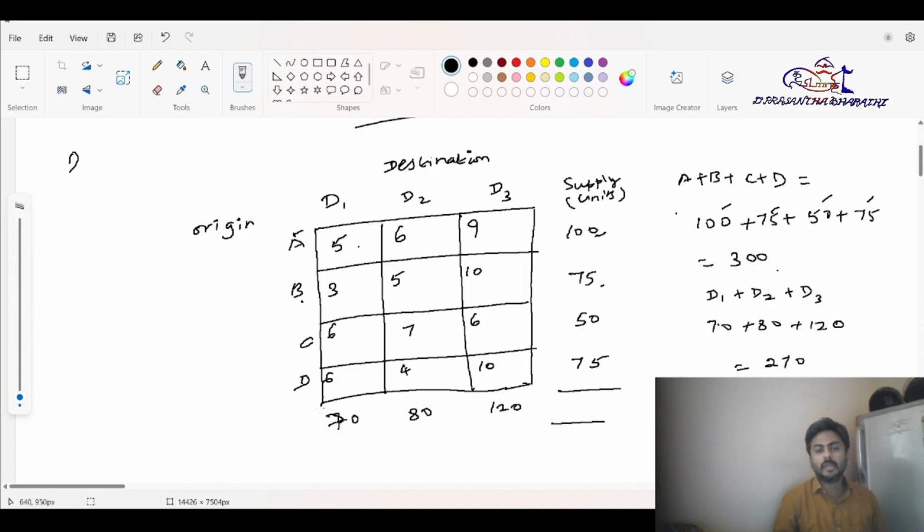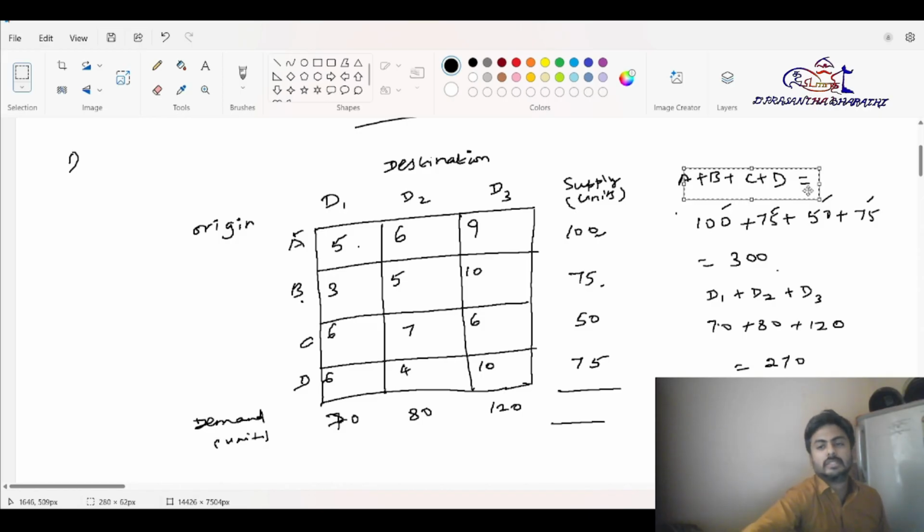30 more demand. This is demand in units. If you want to balance, it means you need to add 30 more in the demand. So how can you formulate this?